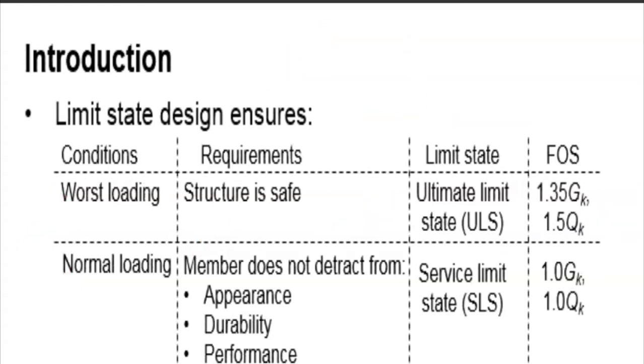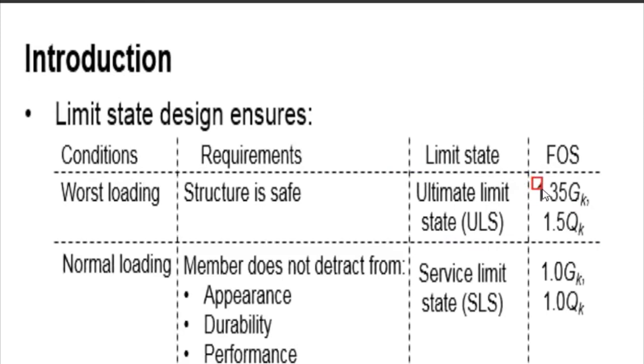Now, we have the consideration under limit state. As per Eurocode, for the permanent load or dead load it is 1.35 Gk and 1.5 Qk. It means you multiply the action load, or we say the live load or the imposed load, by 1.5 under Eurocode.